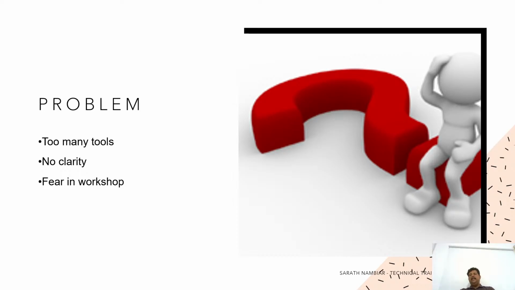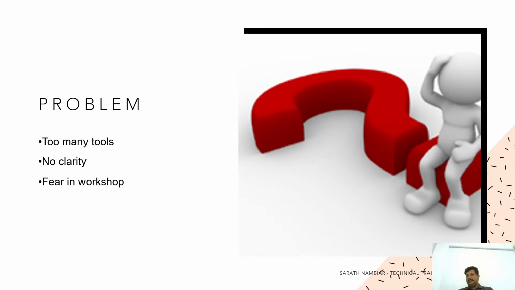When a beginner enters a workshop or a CNC lab, everything looks similar. You may see many tools arranged. Some are small, some are big, some have flat tips, some have round tips. But nobody clearly explains which tool is used where. And because of that, students usually do one of two things.